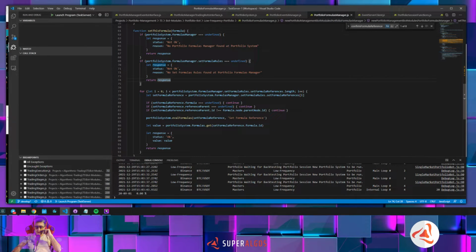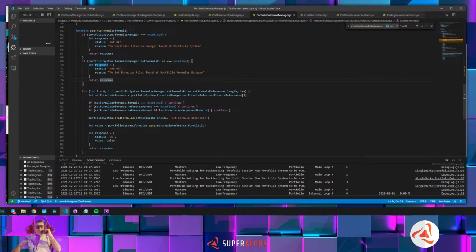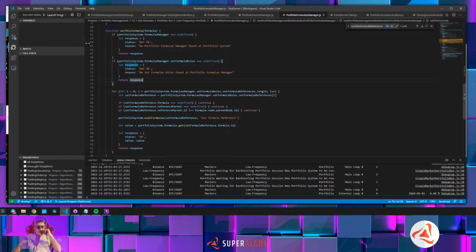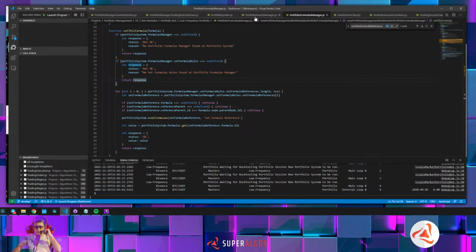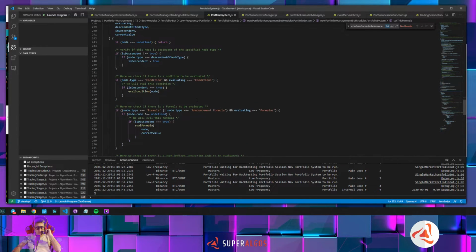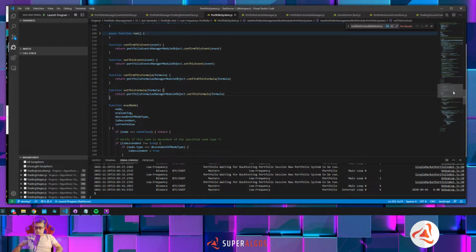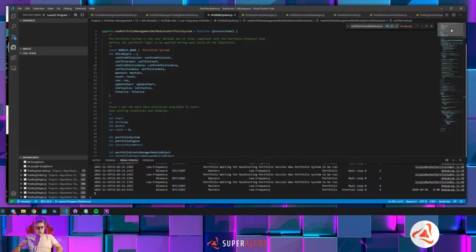If you see the calculation, well, it will come through here when we run the trading system.